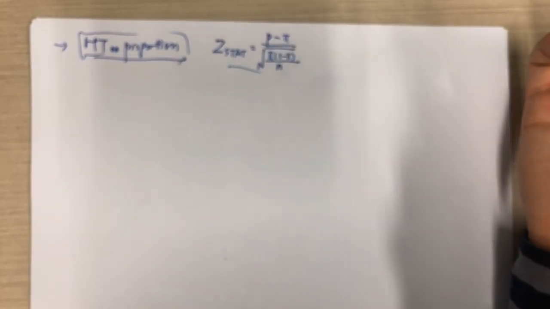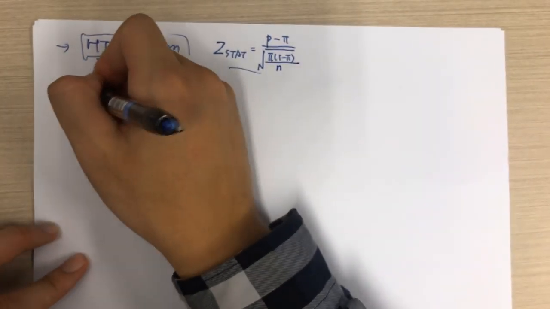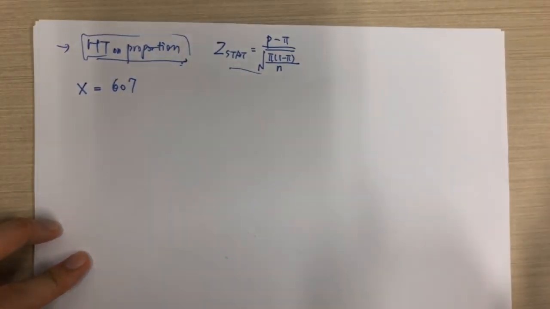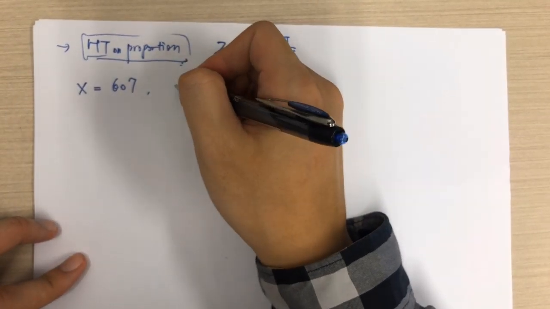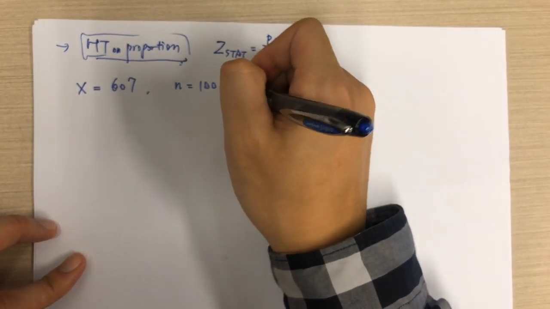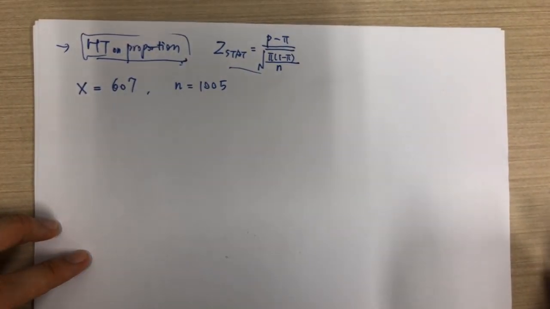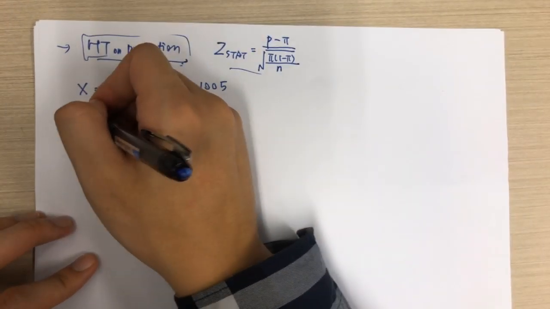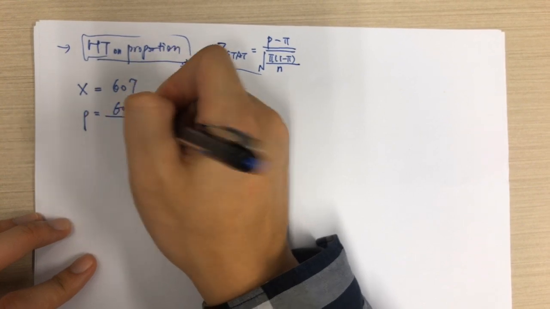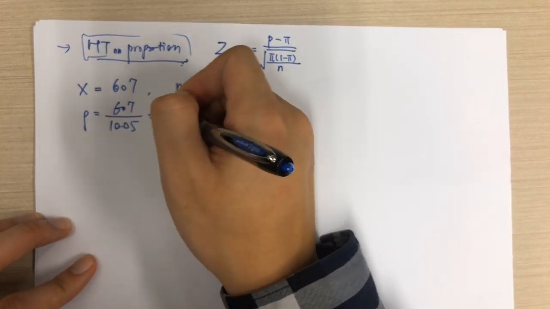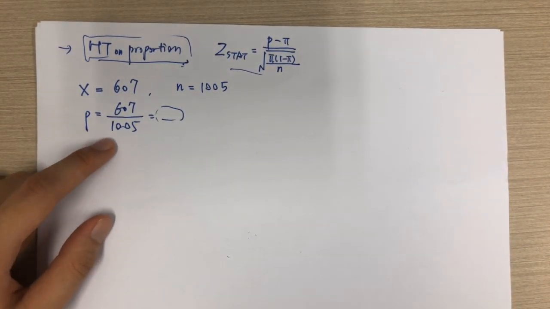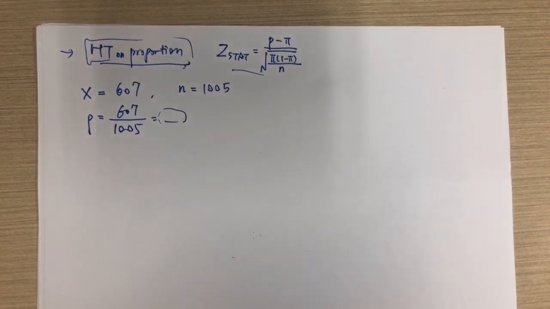To answer this question, you need to first calculate the number of success, x equal to 607, and also we have 1,005 respondents. So the sample size will be 1,005. And we can then calculate the sample proportion to be 607 divided by 1,005. Whatever the number is, I don't know, but it looks like a very disgusting number maybe. Anyway, this is the sample proportion.